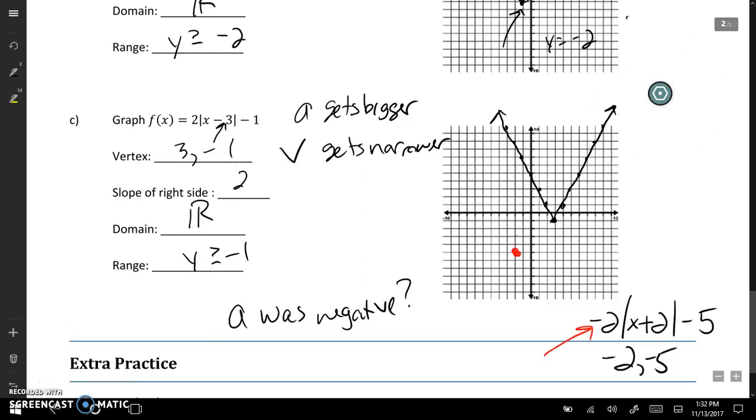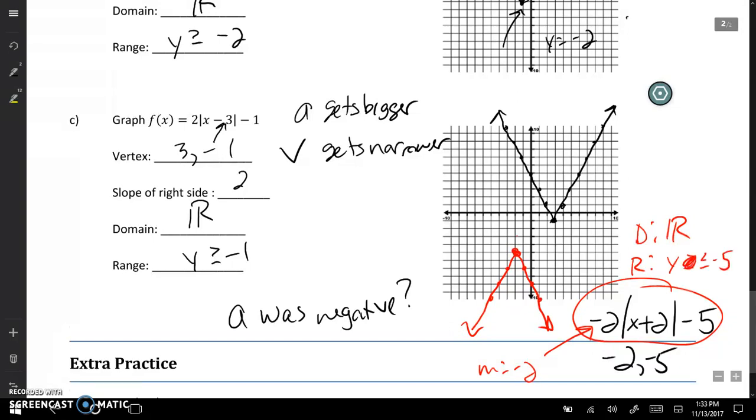Now the slope is -2, which means I go down 2, right 1, down 2, right 1, down 2, right 1, or down 2, left, down 2, left, down 2, left. That would be this guy right here. Domain, still all real numbers. Now your range, your y value is -5, but it's going to be y is less than or equal to -5, because all your y values are here and down.